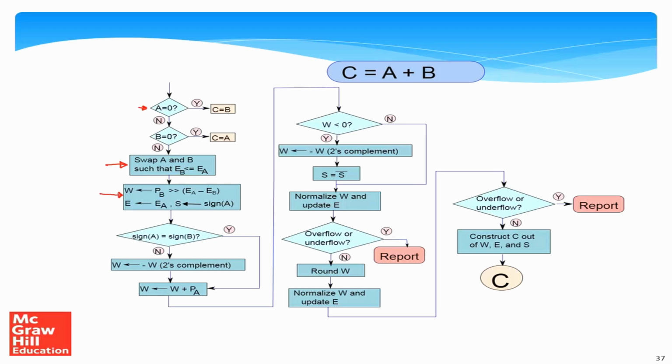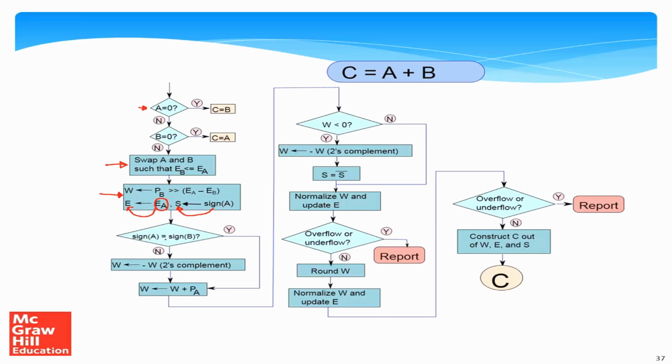In this step, we set the exponents the same and align the decimal points, and this is achieved by setting W as PB right shifted by EA minus EB positions, and we set EA, the exponent of A, as the default exponent of the result, and the sign of A as the default sign of the result. Recall that in our discussion the order was slightly different, but I'll come to it.